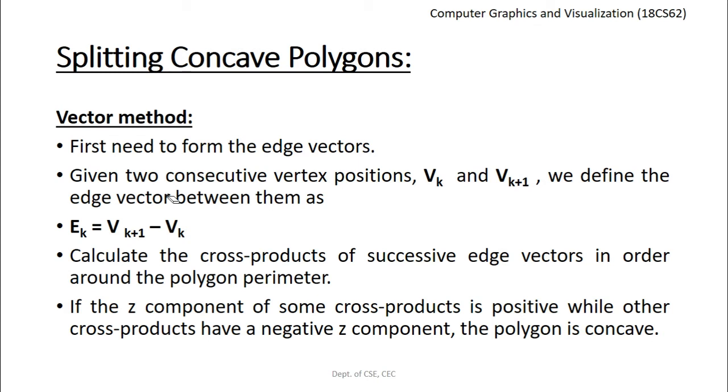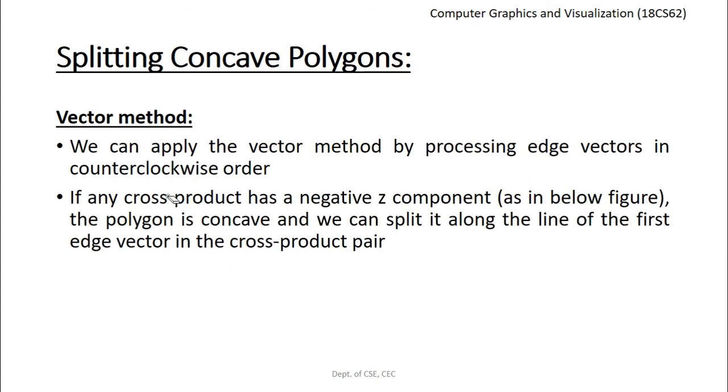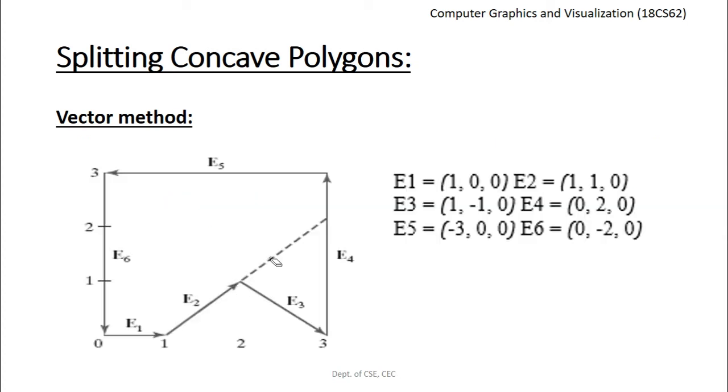If the z component of some cross product is positive while the other cross products have a negative z component, then the polygon is concave. That is what we just determined. We can apply the vector method by processing the edge vectors in counterclockwise order. If any cross product has a negative z component, as shown in this particular diagram, the polygon is concave and we can split it along the line of the first edge vector in the cross product pair.